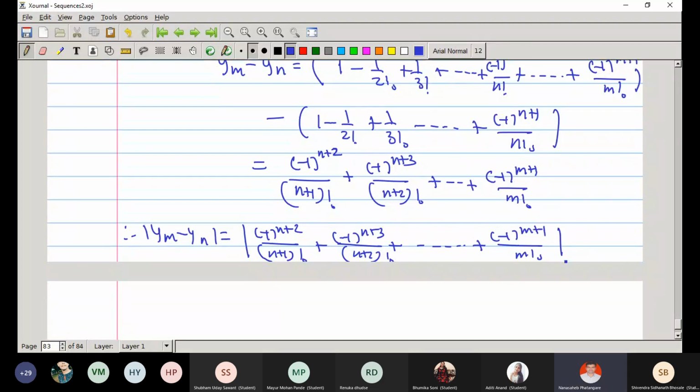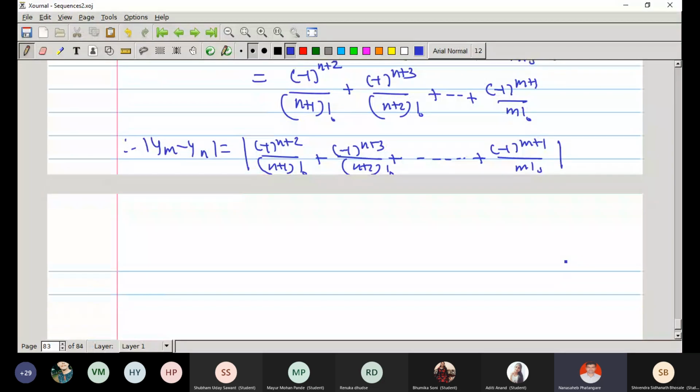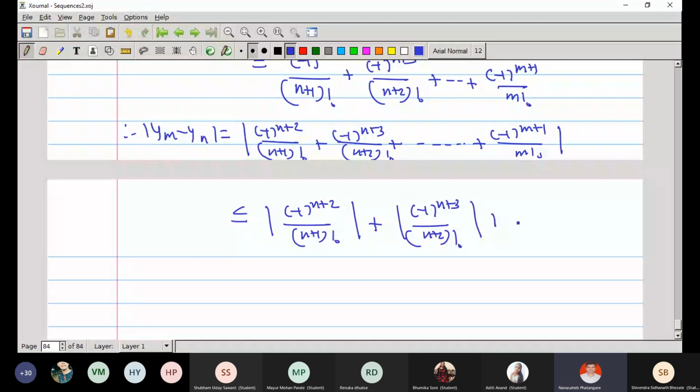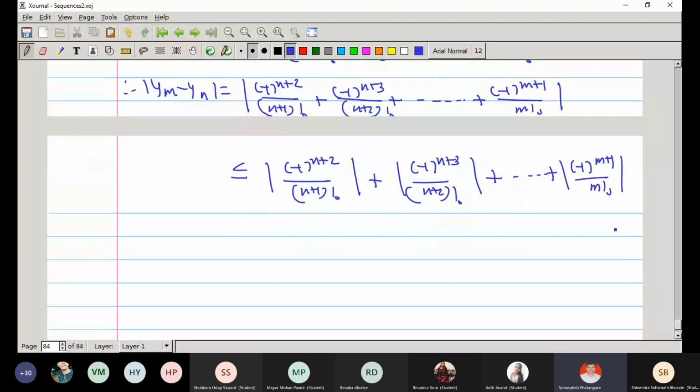Now, can I get rid of these minus signs? By triangle inequality, the absolute value is at most the sum of the absolute values of the terms.